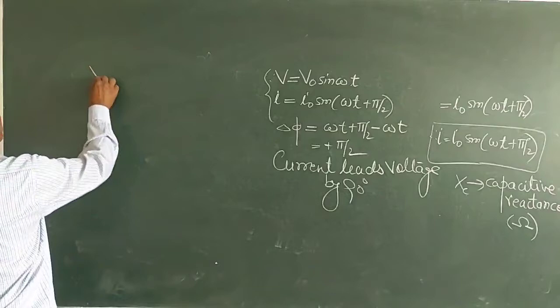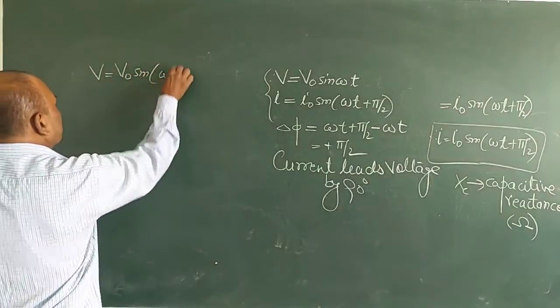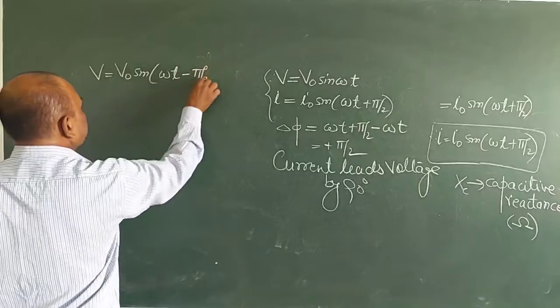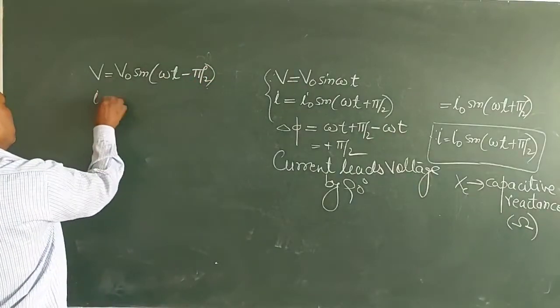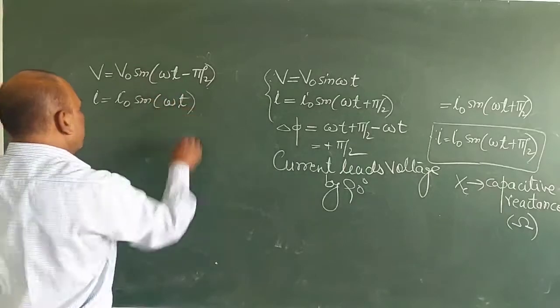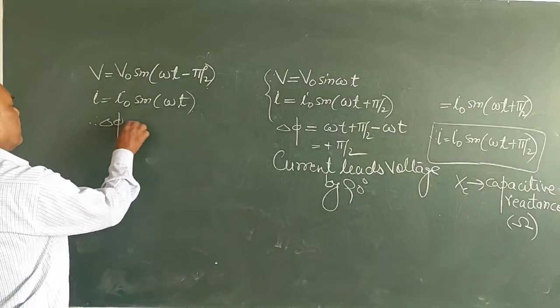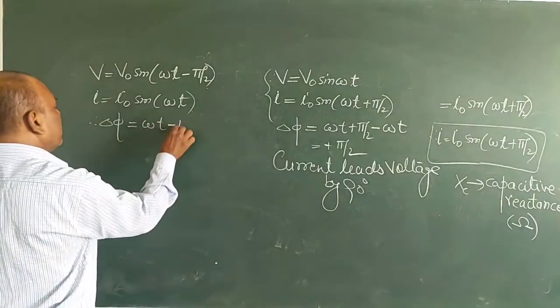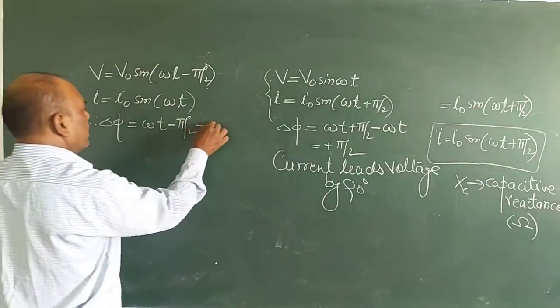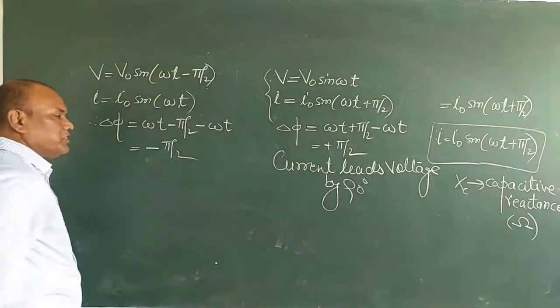V is equal to V0 sin omega t minus pi by 2, and I is equal to I0 sin omega t. Therefore, here delta phi is equal to omega t minus pi by 2 minus omega t, which becomes minus pi by 2.